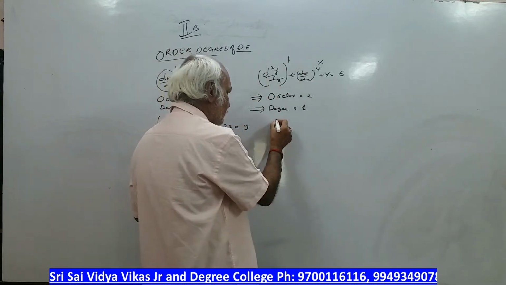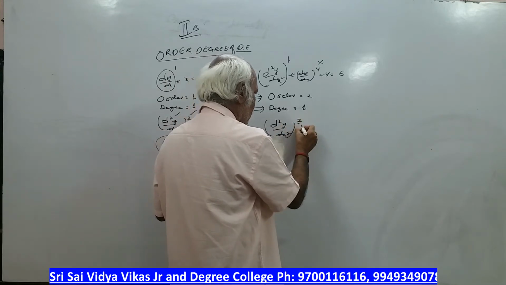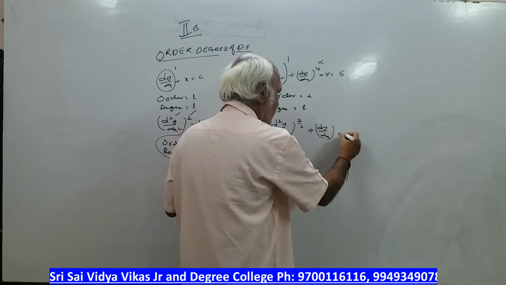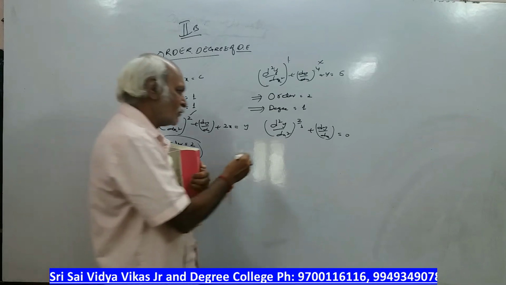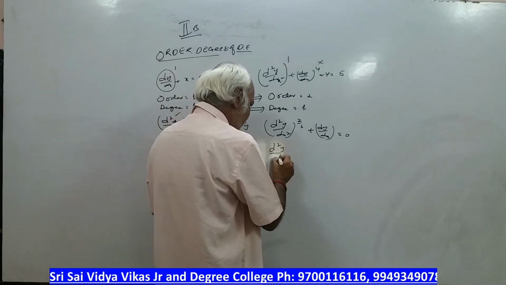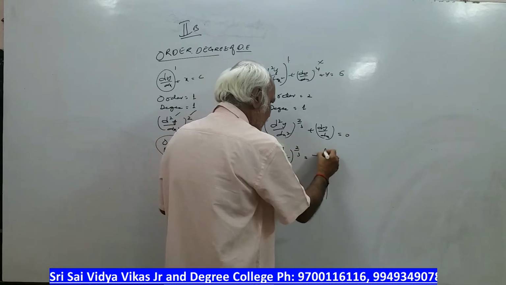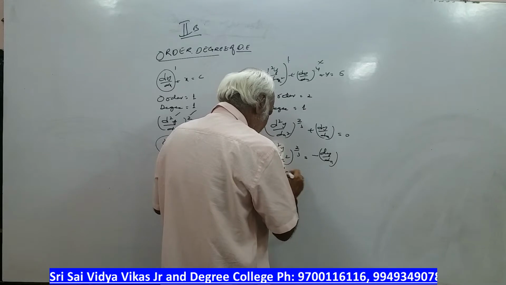For example, is equal to 0. Now here, it is in the p by q form. So what do we have to do? Just rearrange this first, whole raised to 2 by 3. Cube both the sides.